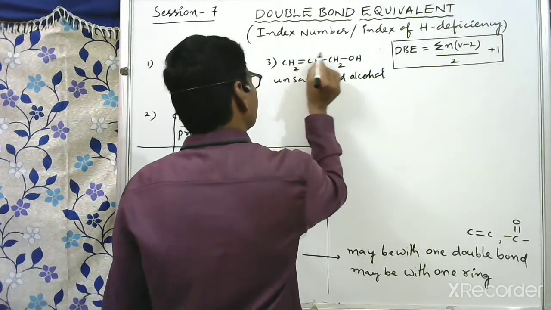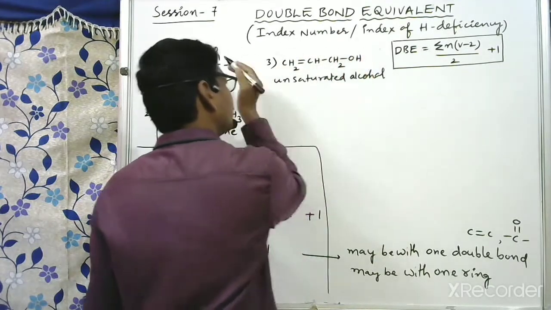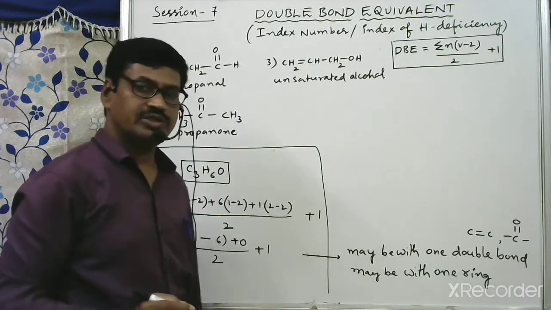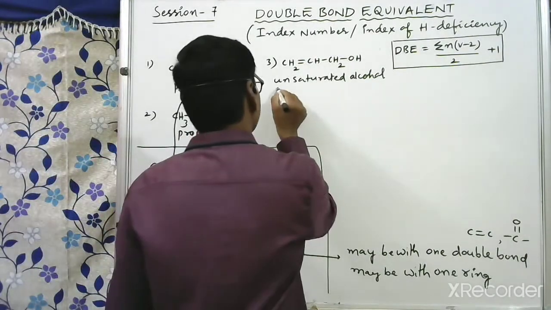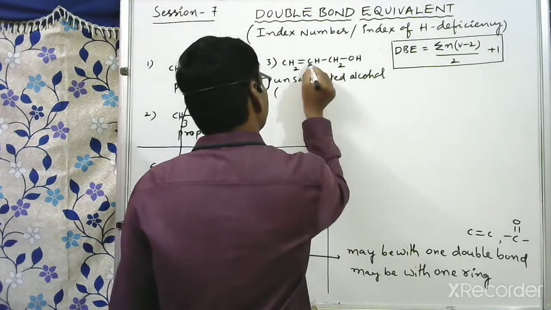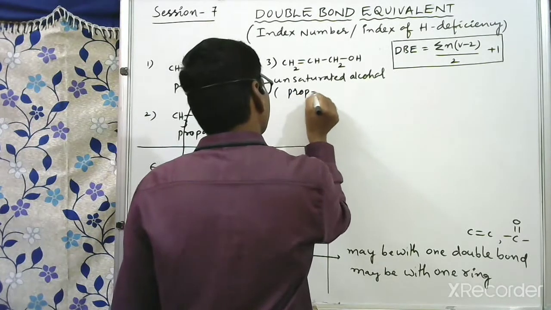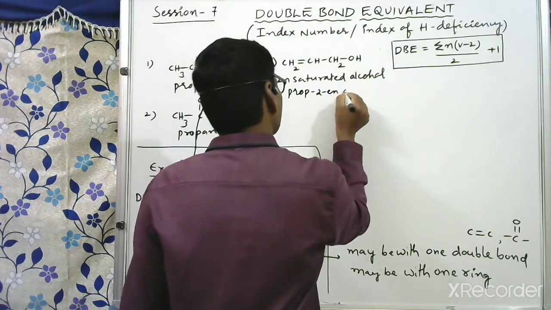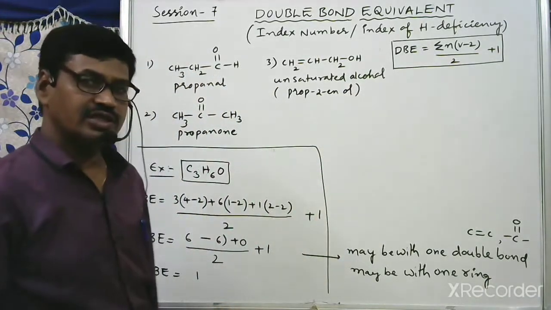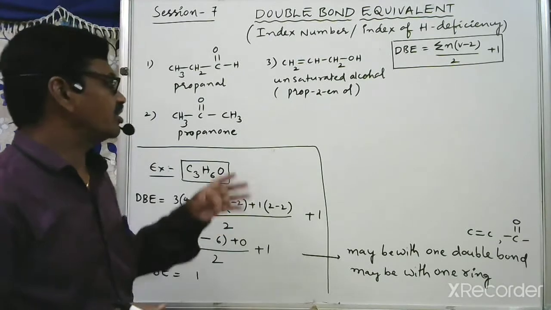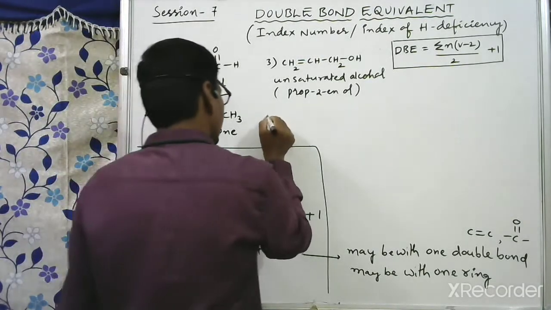Otherwise we can say 1, 2, 3. From right to left you have to give numbering, because the OH group is the principal functional group, and we have to give the lowest number to the OH group. So this is prop-2-en-1-ol. For ol, no number means it should be on the first carbon. So prop-2-enol.